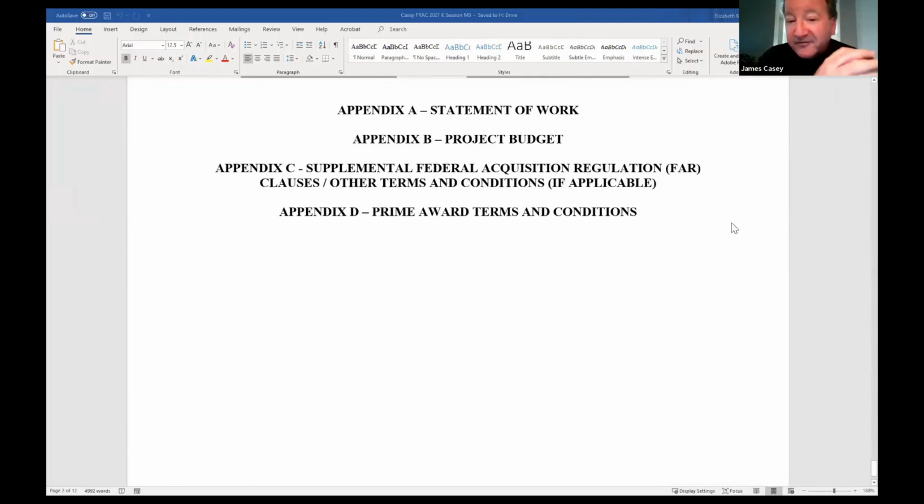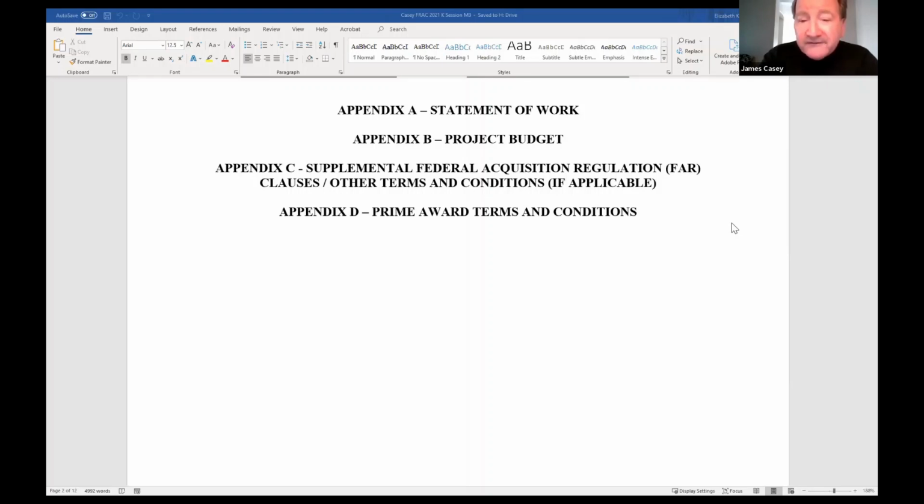Appendix C, which is the FAR and the defense FAR clauses or any other specialized terms and conditions, those would be added here. If you're doing federal procurement work, for those of you on the line, FAR and DFAR and other specialized agency terms and conditions are specialized areas in contracting. So just be aware that should all be at the back end.